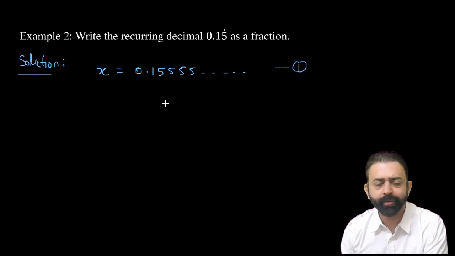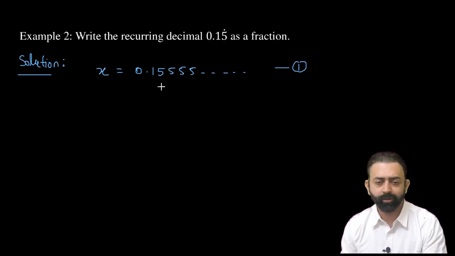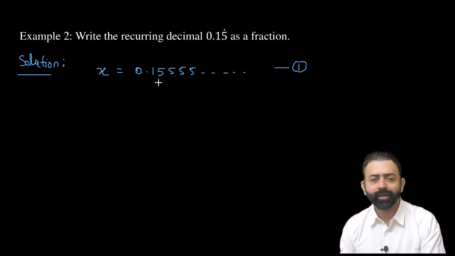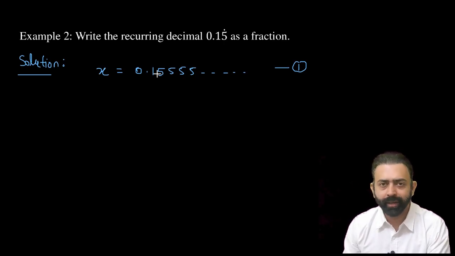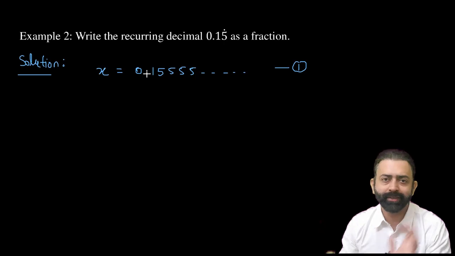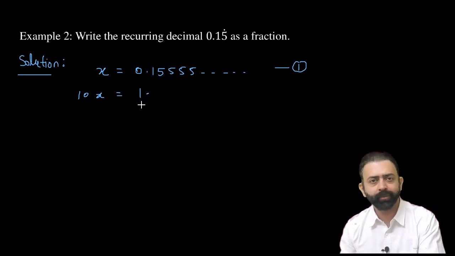Now second step, we will see whether we will multiply by 10, 100 or 1000. Here also you can see that only a single digit is repeating. So we will multiply equation number 1 by only a single multiple of 10, which is just 10. After multiplying this equation by 10, I get 10x is equal to, the decimal point will be shifted one place towards right.